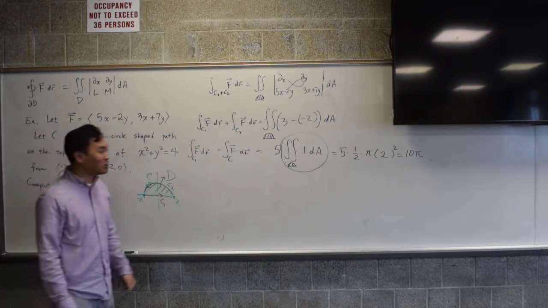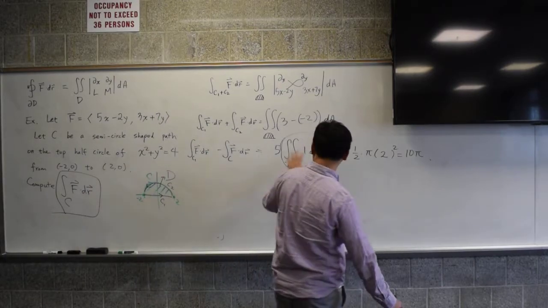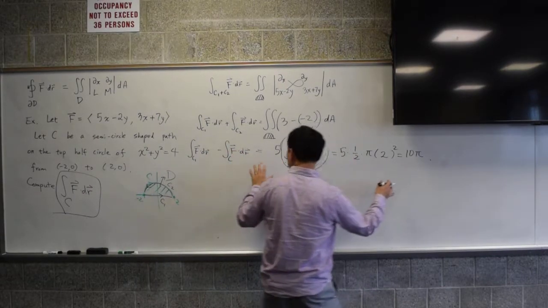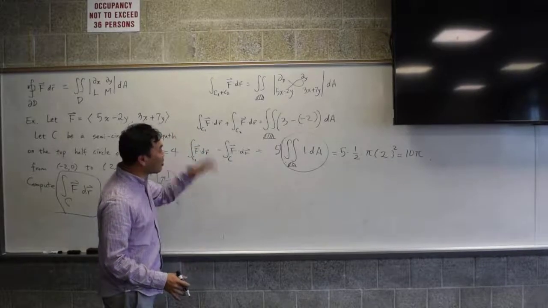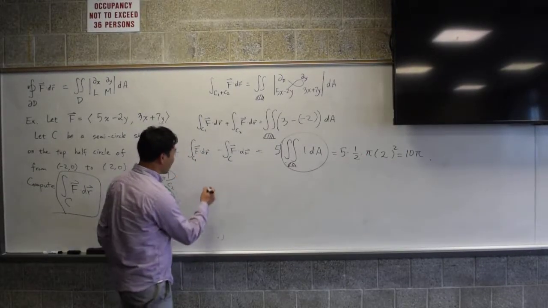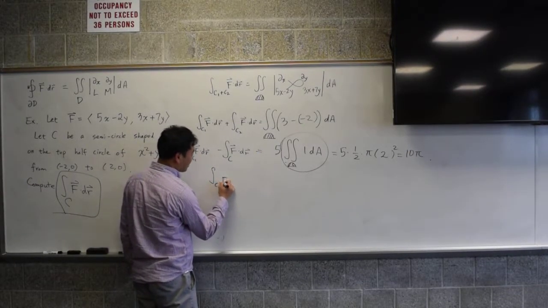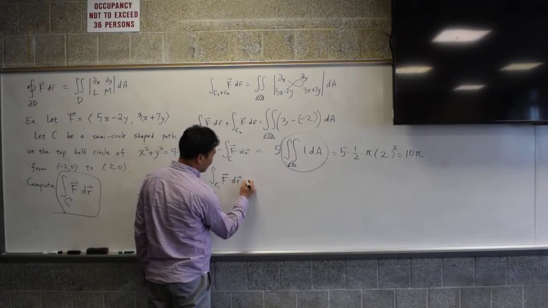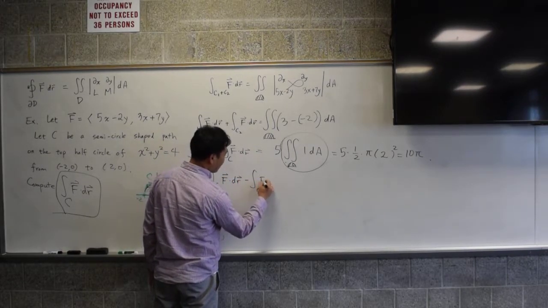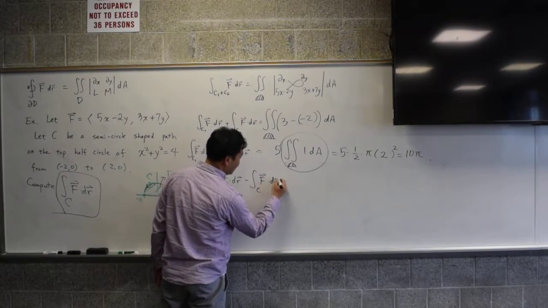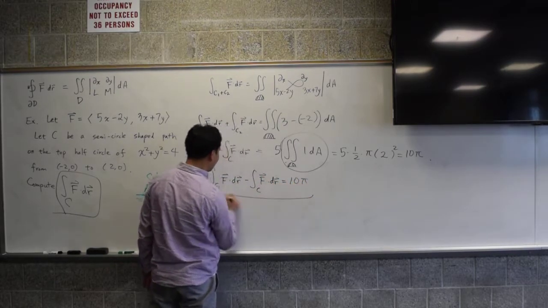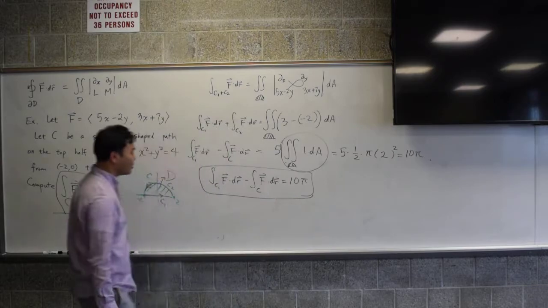So we did all this calculation and we got the following thing: integration over C1 of f dot dr minus integration over C of f dot dr is 10 pi. That was our result.